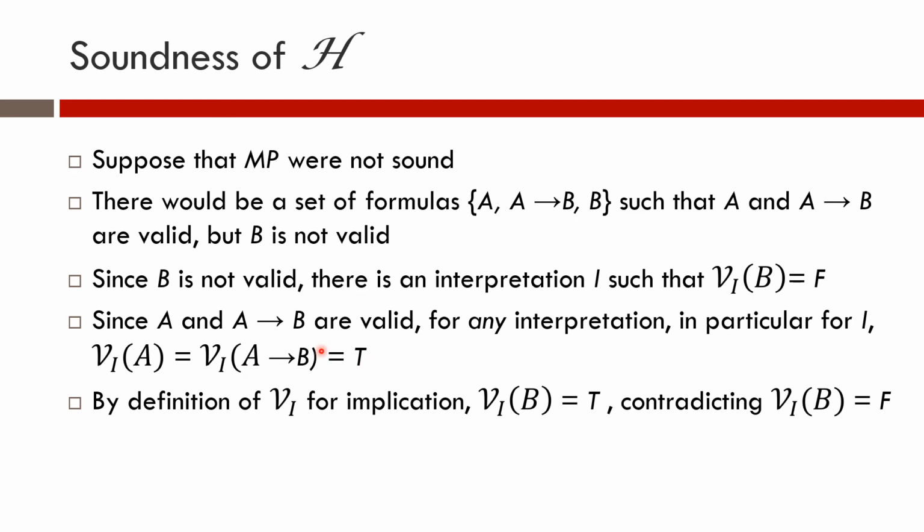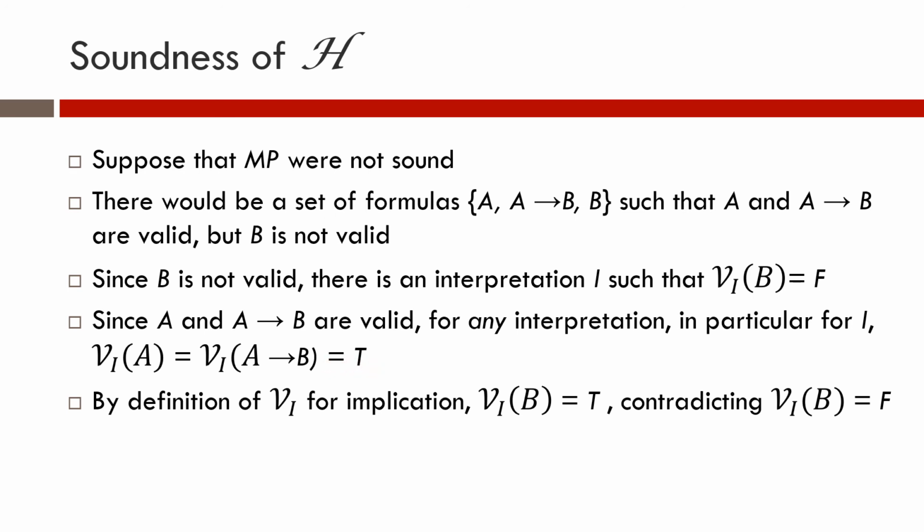Truth value of A implies B will be true, when A is true, only if B is true. If A is true and B is false, the truth value of A implies B will be false. But it is said that the truth value of A implies B is true. So, since the truth value of A implies B is true and the truth value of A is also true, the truth value of B should definitely be true. The truth value of B cannot be false.